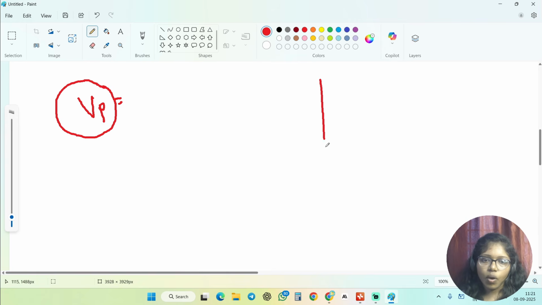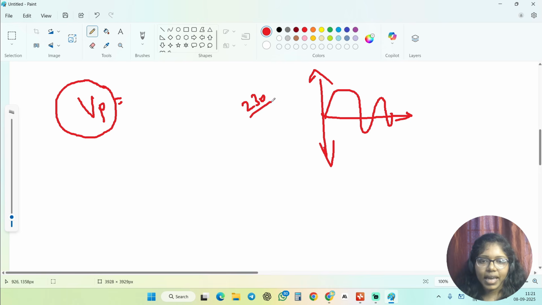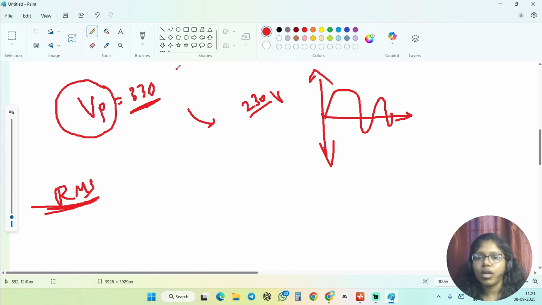We know the alternating voltage is provided up to 230 volts. If it provides a peak value of 330, we reduce it to 230 volts by introducing this root mean square value. You divide by root 2, and you will get the value of 230 volts.